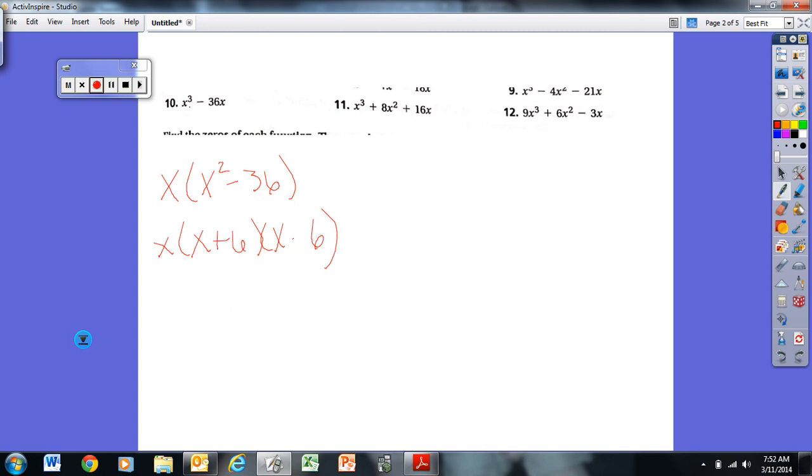That's the first one. The second one would be, now notice I'm doing this in 2 steps. A lot of you guys try to skip this middle step. And then this one would be 3x.